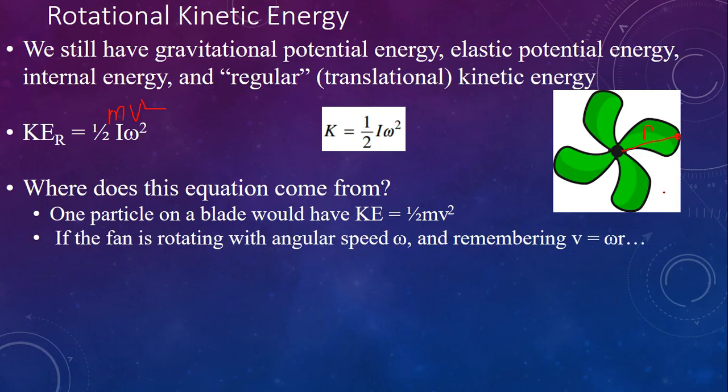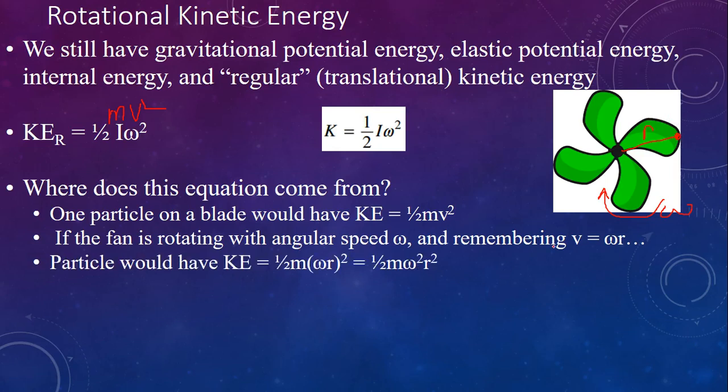So we're also going to say that the fan is rotating, let's say this way, with an angular velocity omega. And remembering that v equals omega times r, remember this is the case because the further you are from the rotation axis, the higher the linear speed because you have to go more distance in the same amount of time.